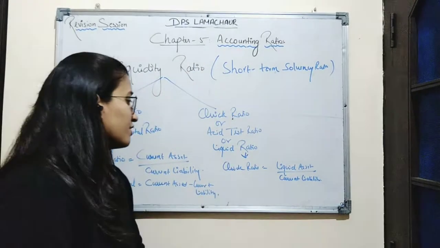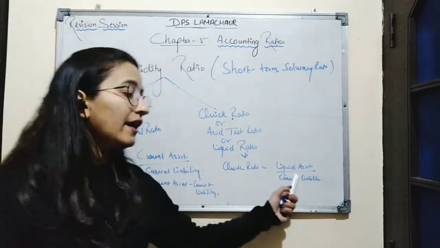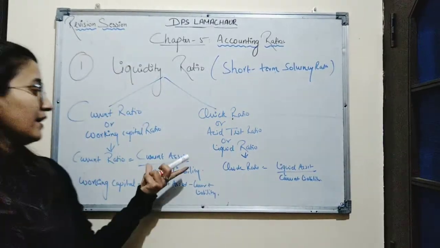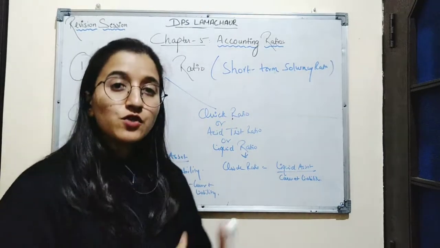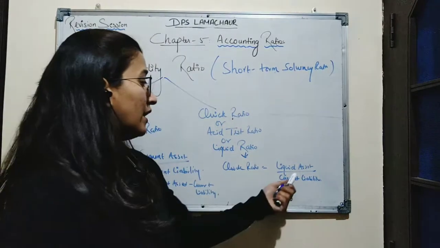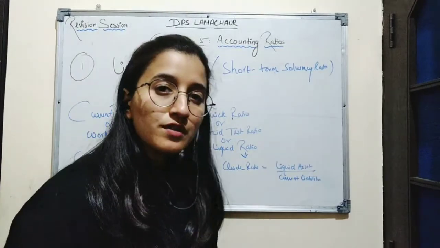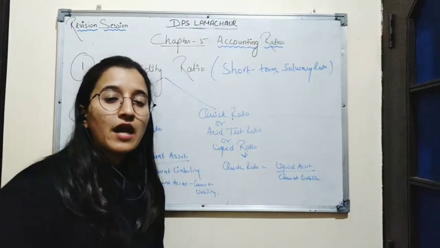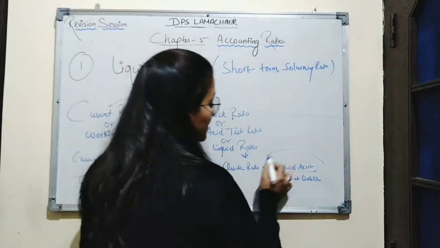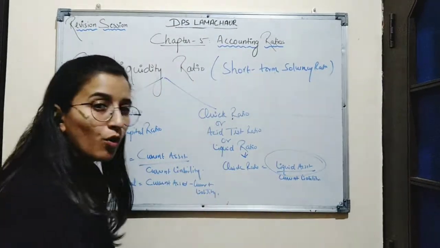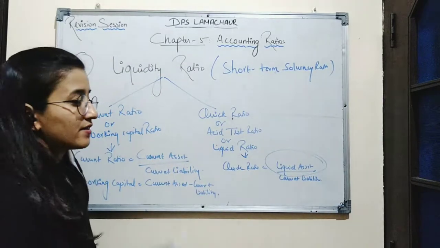Now here is the difference between current asset and liquid asset. Current asset includes all those things which can be converted into cash within 1 year, and liquid asset includes all those things which can be converted into cash within 2 or 3 months. So here things get converted into cash more quickly than current asset.